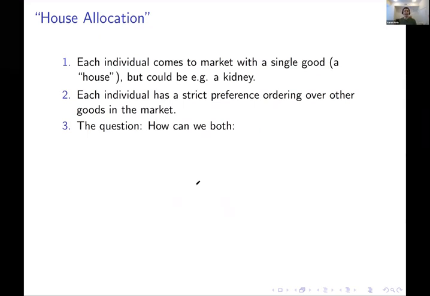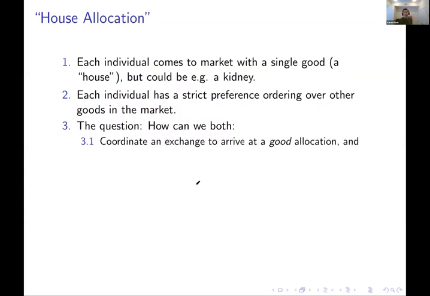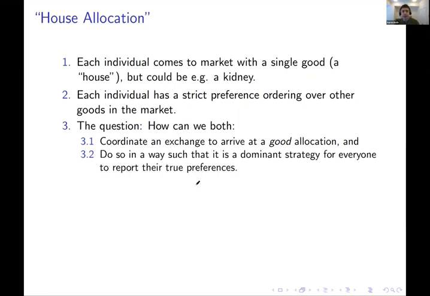There are no actions yet, but our goal is to turn this into a game, to design some game that the players can play that will involve exchanging goods, so that we can facilitate the coordinated exchange of goods to arrive at some good allocation, some higher quality allocation than the one we started with. And we're going to have to talk about what that means, what a good allocation is, and do it in such a way that it is a dominant strategy for everyone to report their true preferences.